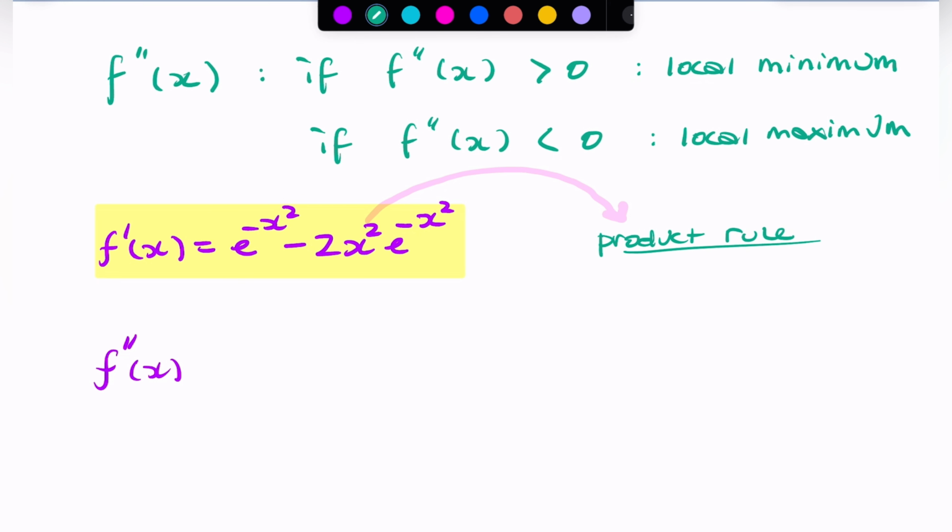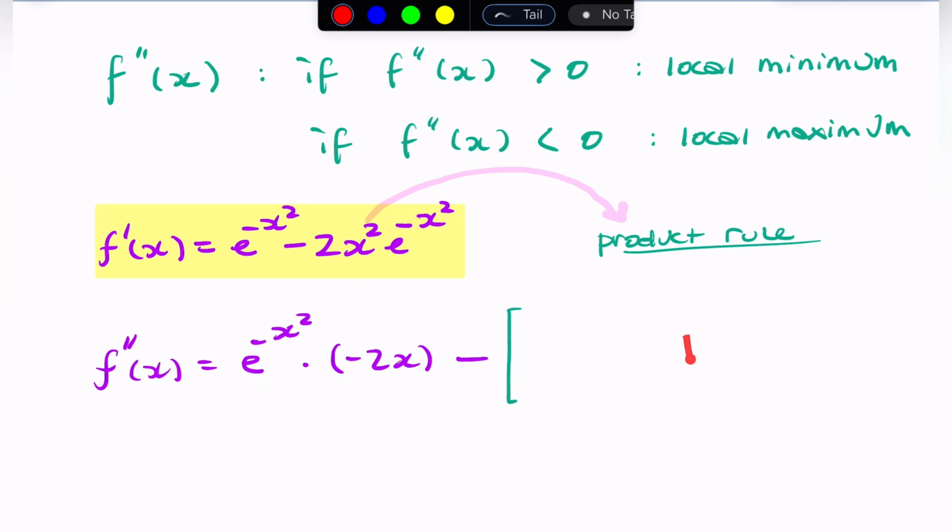The derivative of an exponential is an exponential, but we're going to have to apply the chain rule. So it's going to be e to the minus x squared multiplied by minus 2x, minus, that's that minus, and now we're going to have to use brackets because the product rule will have a plus in it.